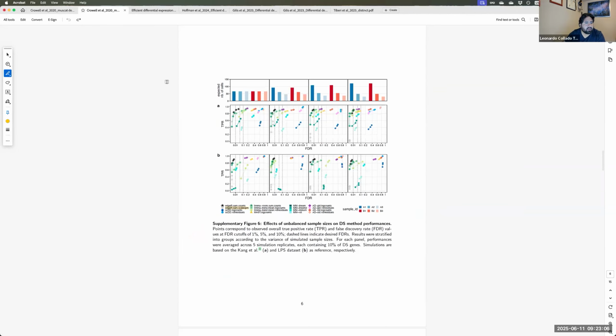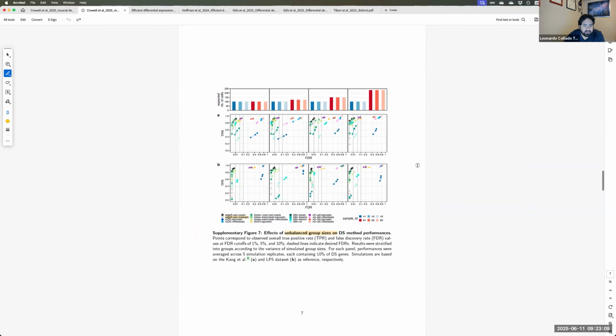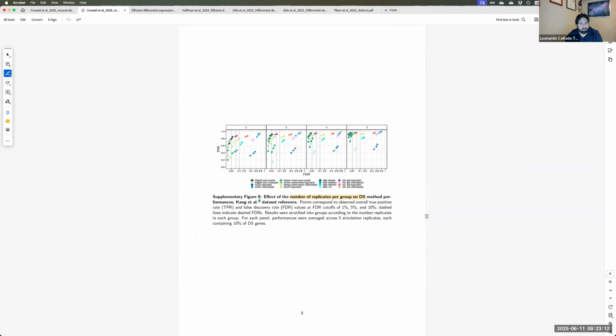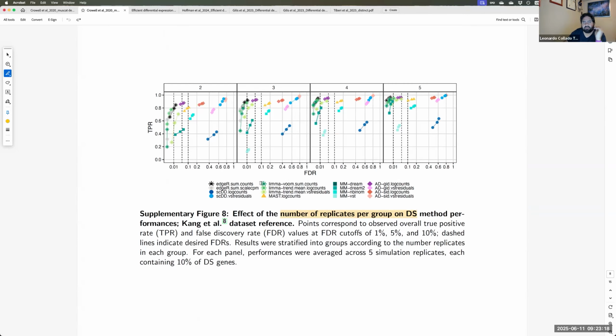Cool. So before I read a little paragraph there, I wanted to highlight something else here, which is supplemental figure 8. We've already looked at some of these plots where we're changing the number of cells per cluster. Supplementary figure 8 is the number of replicates that you're looking at. And this is relevant to us because we have a lot of data where we don't have a very large number of replicates. So for a low number of replicates, if we focus again on the difference between the black star and the dark green one, at 4 or 5 replicates there's almost no difference here.